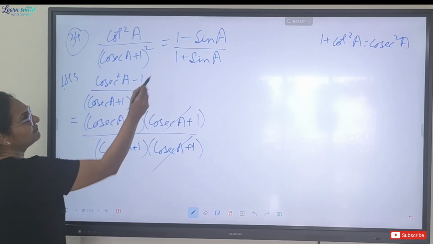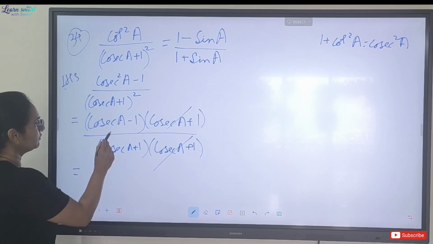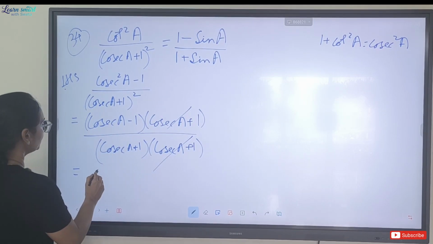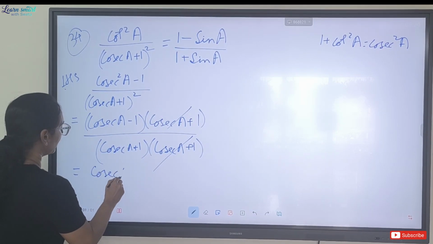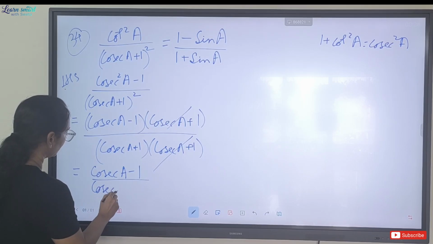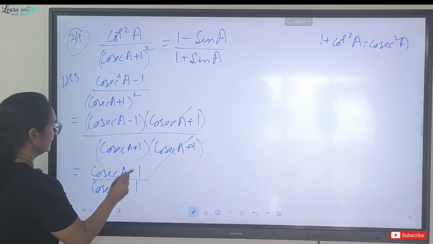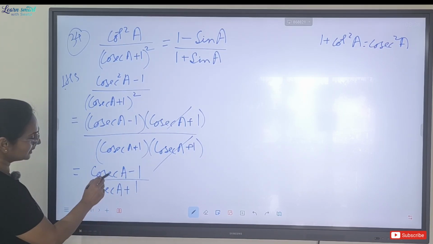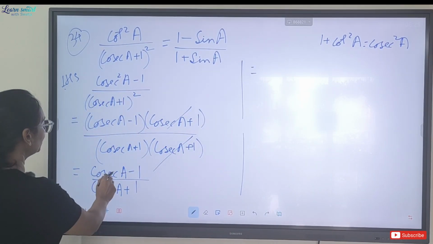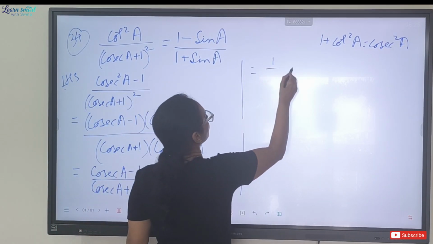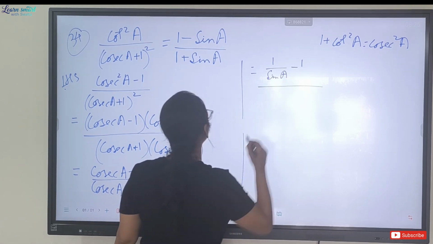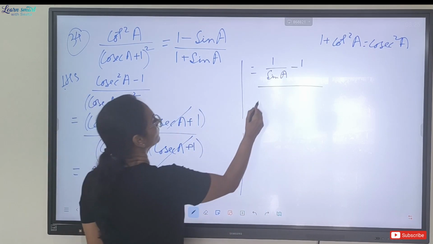Now I have to get it in terms of sine. So I will write cosec in terms of sine. Let me write this cosec A minus 1 upon cosec A plus 1 in the form of sine: 1 by sine A minus 1 upon 1 by sine A plus 1.